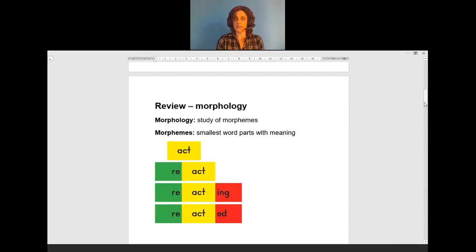If I've reacted with the ed at the end, that means it was in the past. So we can see here that the ing and ed suffixes are telling us when it happened, which means it's relating to grammar. So ing is now, ed is in the past.